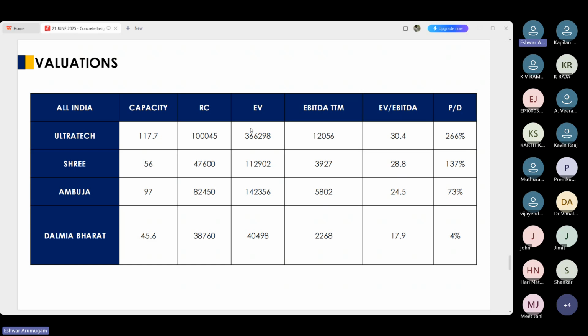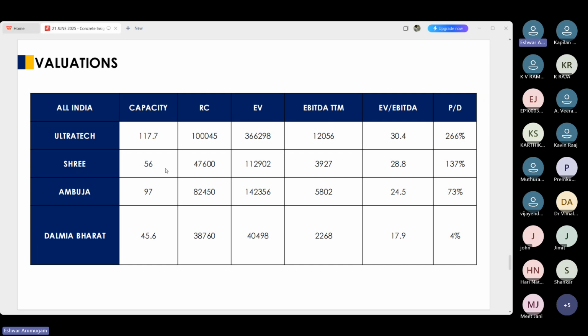But currently, it is trading at an enterprise value of 3 lakh 66,000 crores, which is a premium of 266%, which is not inexpensive. It is trading at a very high premium to the replacement cost. And the EV to EBITDA is also 30x. Historically, for a company with a low ROE profile, 8 to 12% ROE, 30x is not cheap.